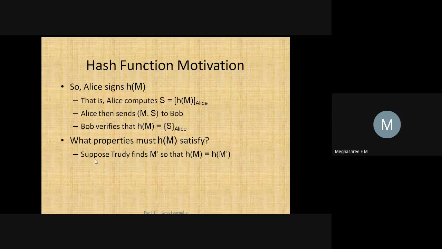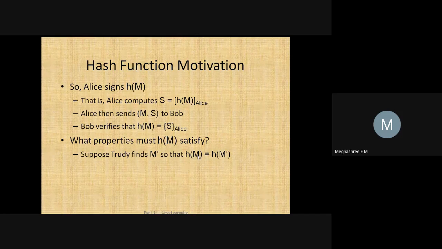Consider another scenario where Trudy is an attacker. What the attacker does here is find a message, any message m dash, so that the hash of the message m, which is the message that was supposed to be sent by Alice to Bob, and the hash of another message are equal.